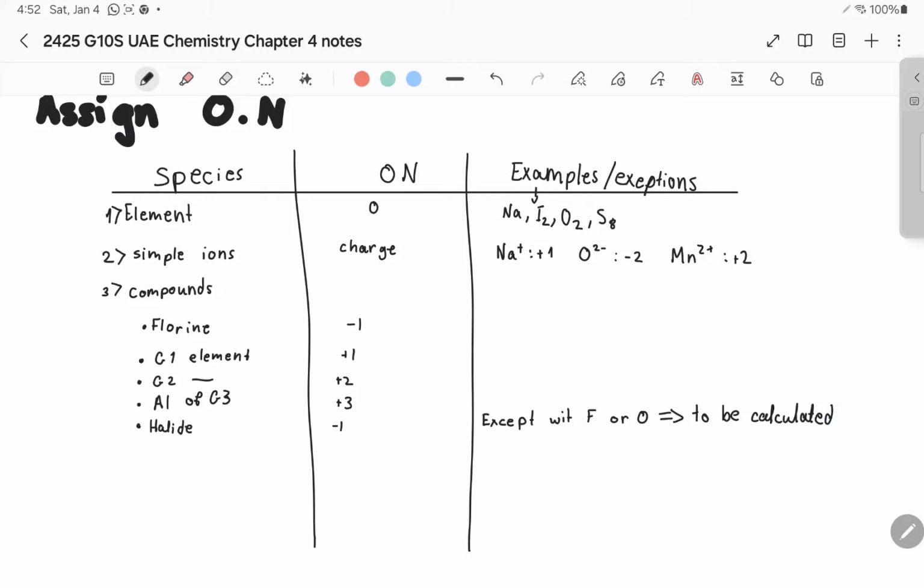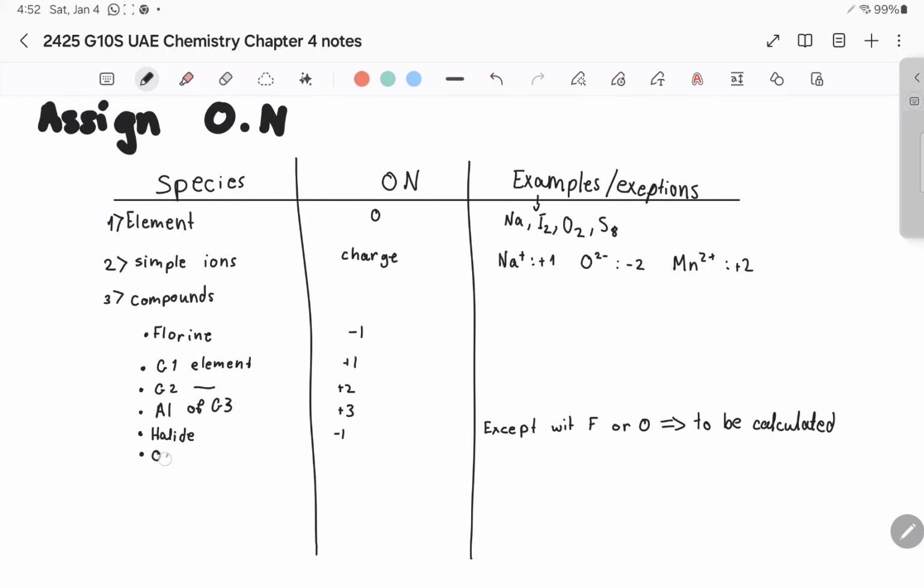And then you have oxygen. Oxygen has an oxidation number of -2, except with fluorine, where it would have an oxidation number of +2.